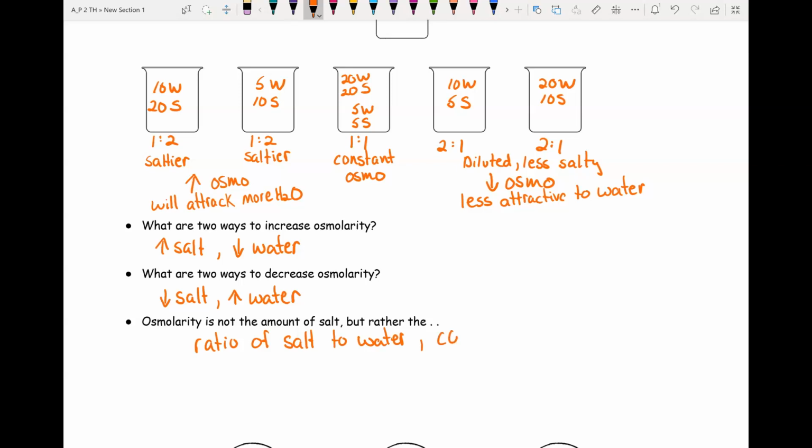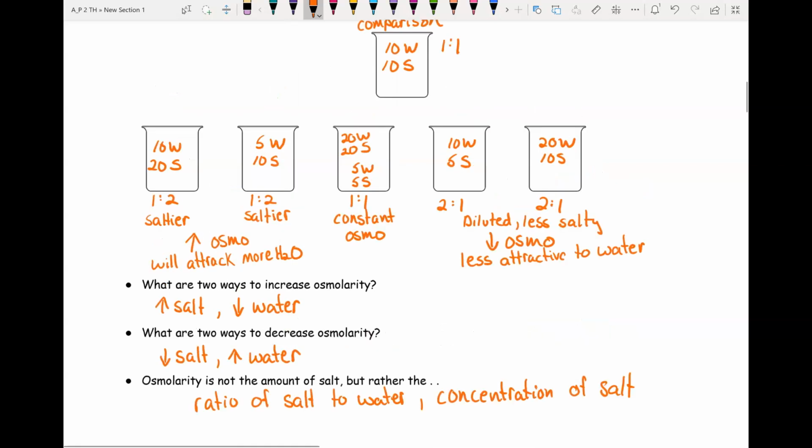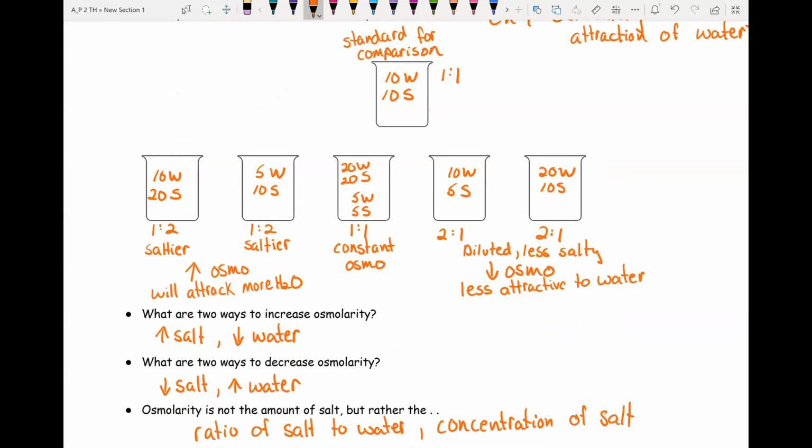Or you can think of it as the concentration of salt, right? If we start with a beaker with 10 water and 10 salt, and we add 10 salts to that, but we also add 10 waters, we didn't change the osmolarity, even though we added more salt. It's about the salt and water ratio, how they relate to each other.